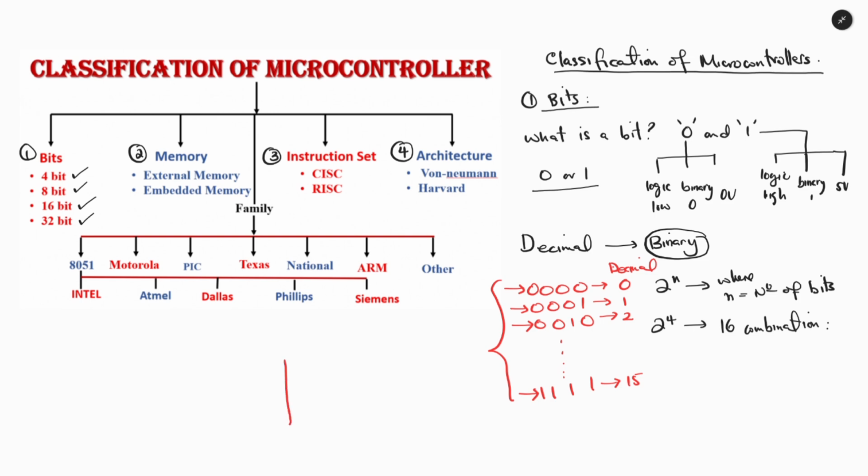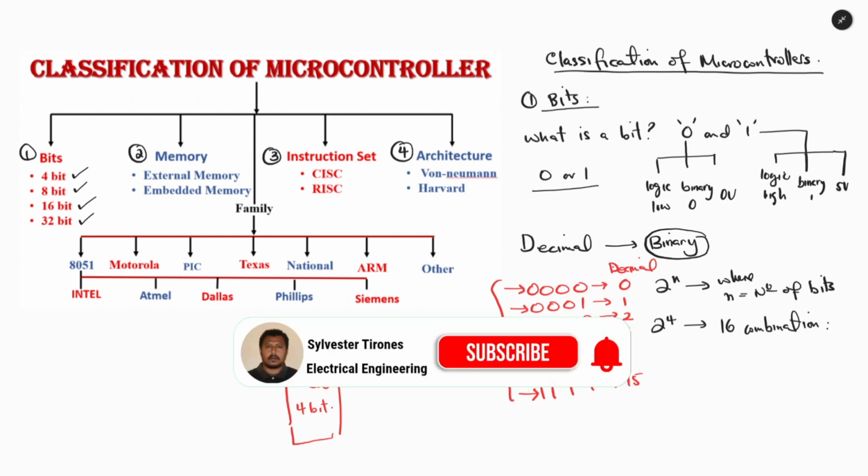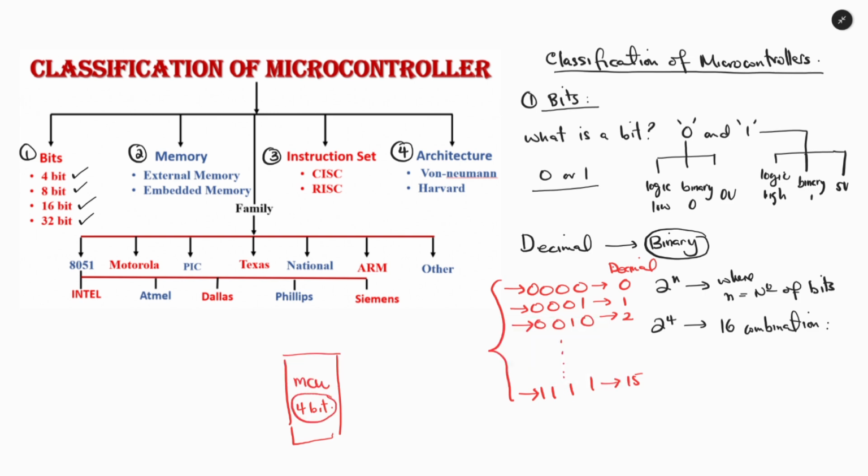When we look at this microcontroller, let's say an MCU which has 4 bits, this 4-bit is telling us that this microcontroller can process 4 bits at a time. Therefore, in 1 second, this microcontroller can handle 4 bits at a time.